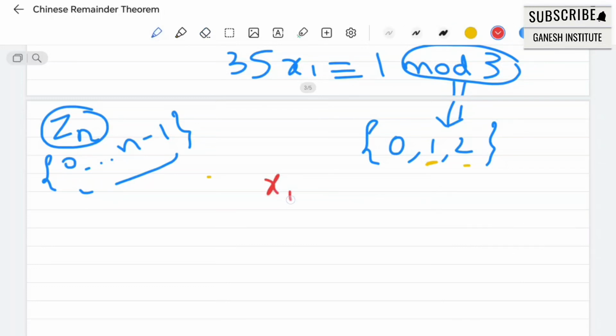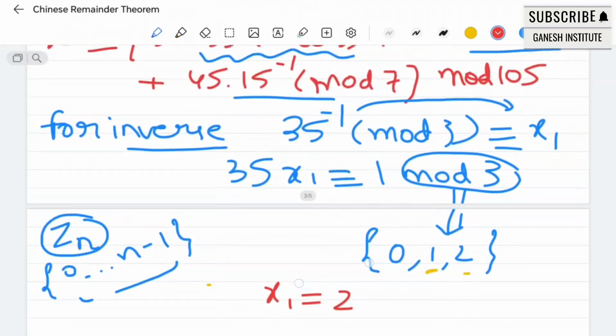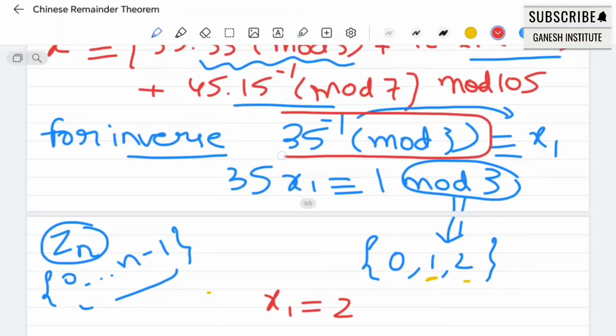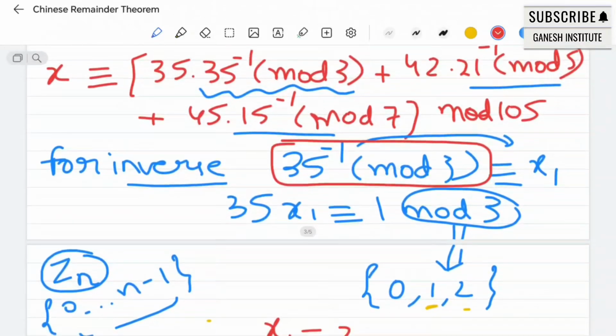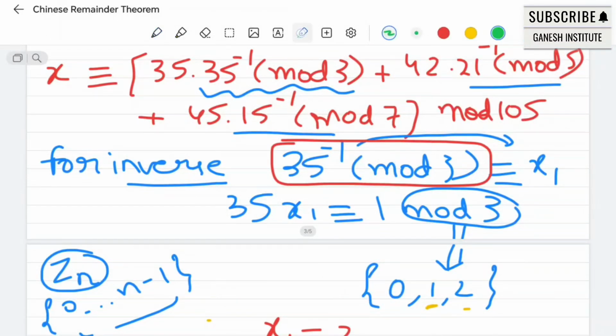So in place of this 35 inverse modulo 3, we will put 2.